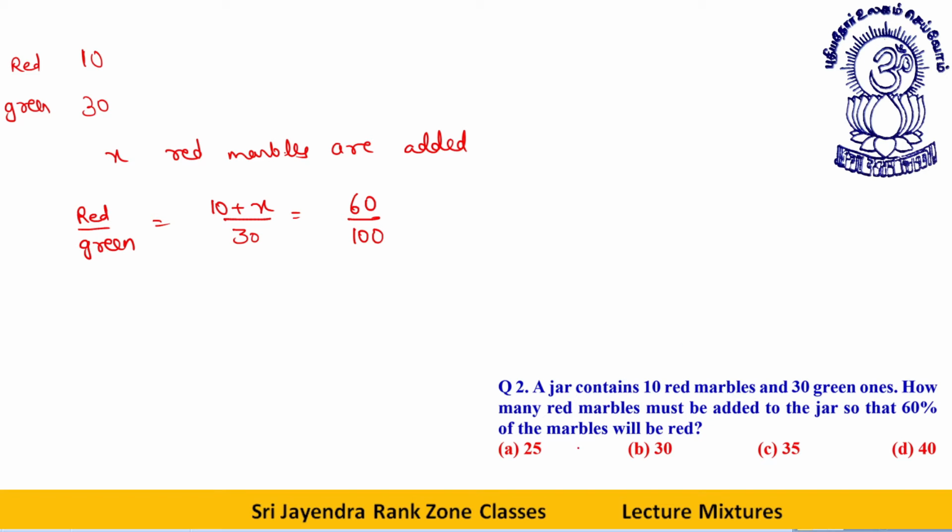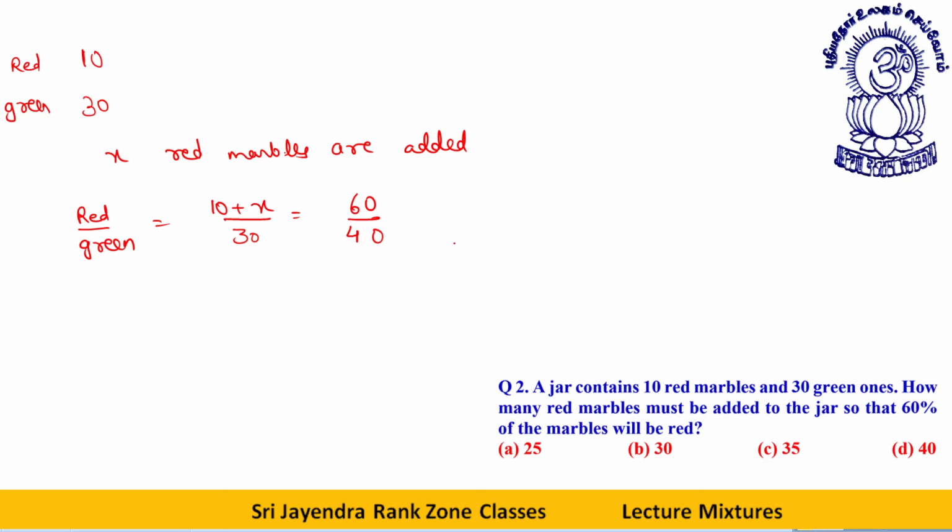So that 60% of the marbles will be red. See, dear students, now 60% of the marbles are red. You have to think about it carefully. If 60% marbles are red, so the rest 40% will be the green ones. So that way this will be 40.